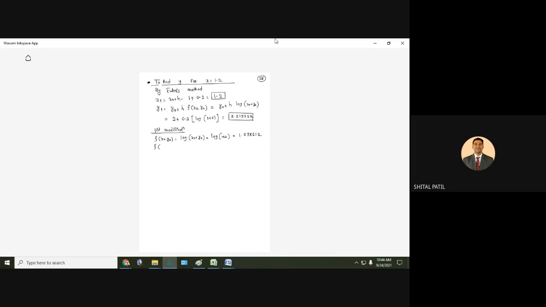Then f of x1, y1, log of x1 plus y1, log of 1.2 plus 2.219722.